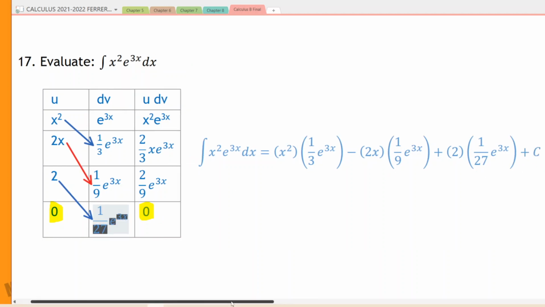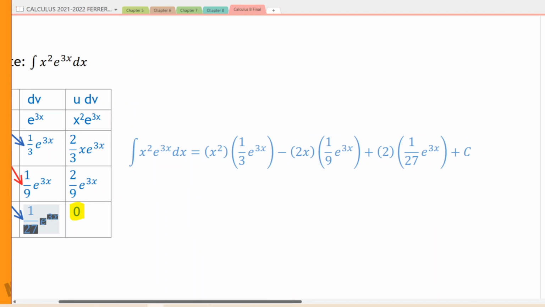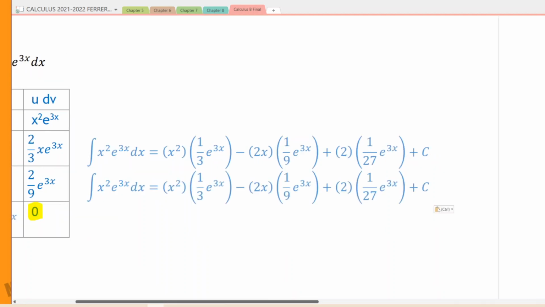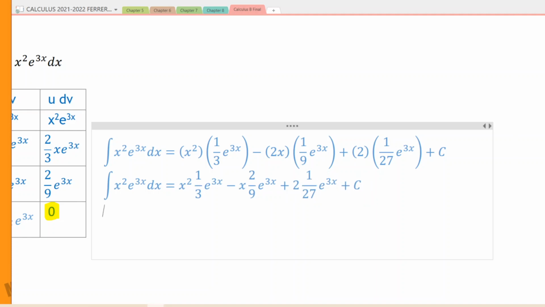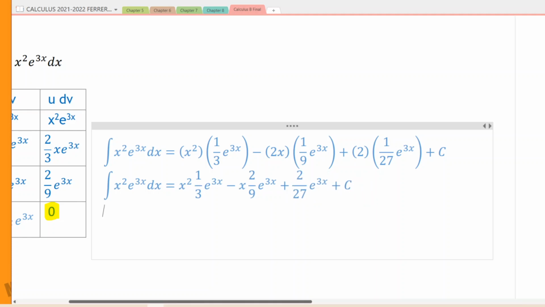Okay, now we can set about simplifying this entire thing. So I'm going to start by multiplying all of these together. That's a good first step.